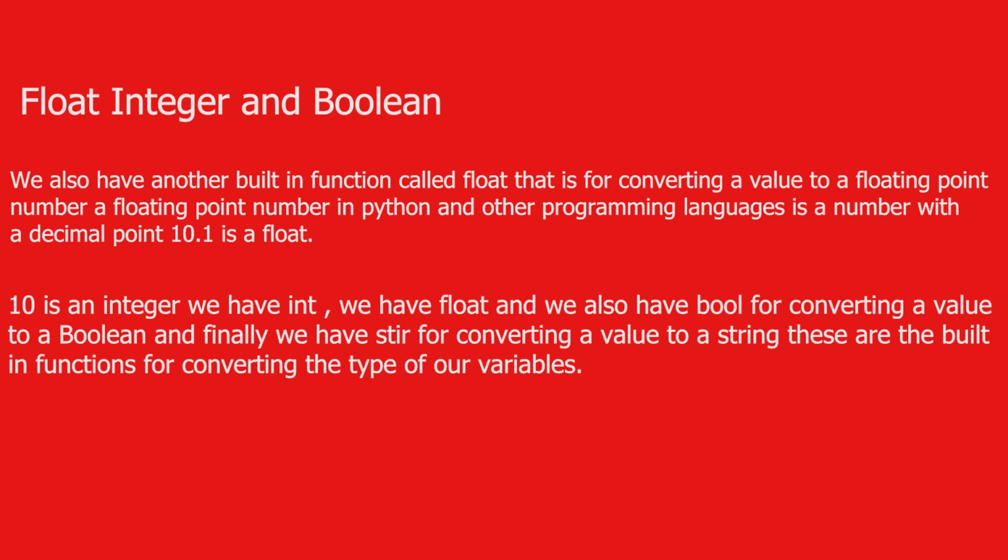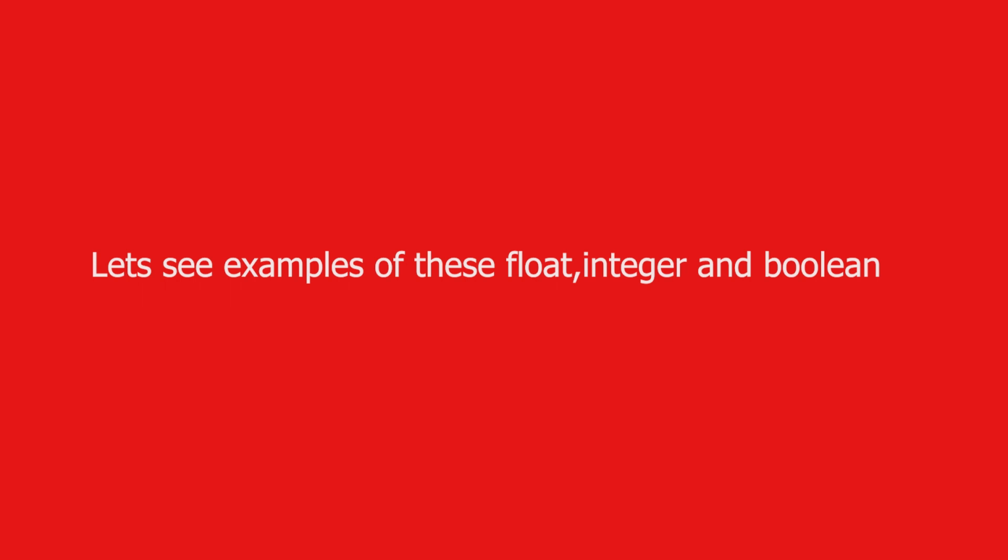We have int, we have float, and we have bool for converting a value to a boolean, and finally we have str for converting a value to a string. These are the built-in functions for converting the type of our variables. Let's see examples of these.